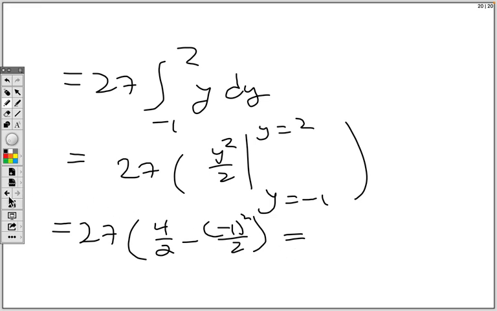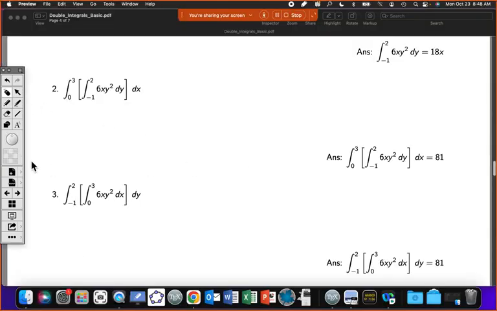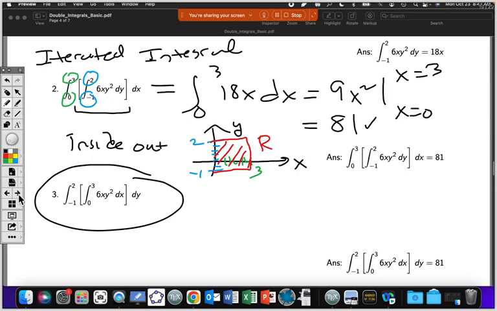So what did I miss here? Am I doing the right? Is it 6xy squared? Yeah, 6xy squared, 0 to 3. We should get the same answer.